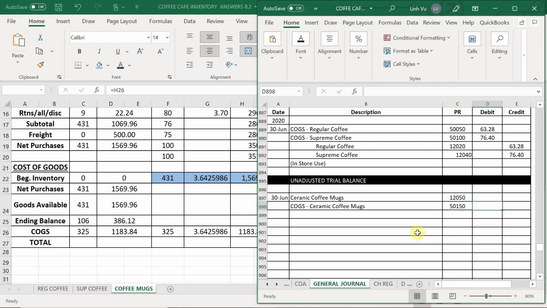What else do we need to recognize? Do we have beginning inventory? No, the 106 is the ending inventory.